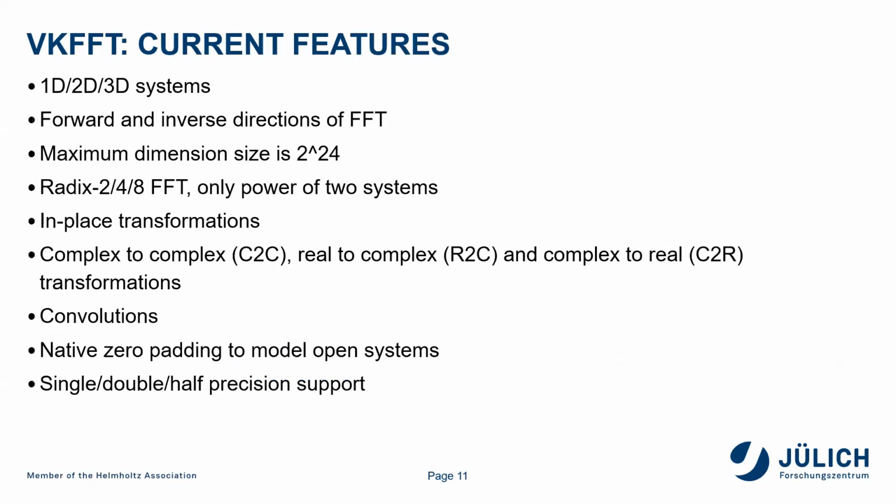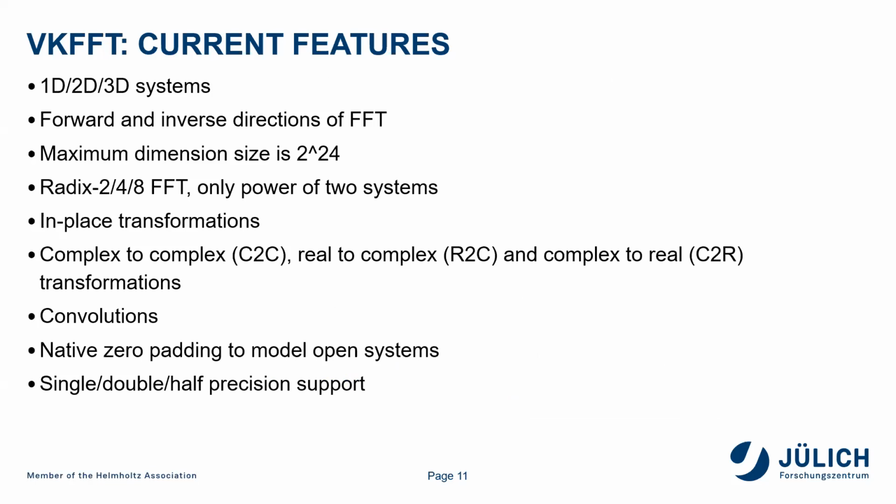So the things that VkFFT supports right now are pretty common for fast Fourier transform. The main limitation is just that only power of 2 systems have been optimized yet. But everything else is what you would expect from a complete fast Fourier transform library, like big dimension sizes support. It's using in-place transformations, which is the lowest memory amount possible that you can get.